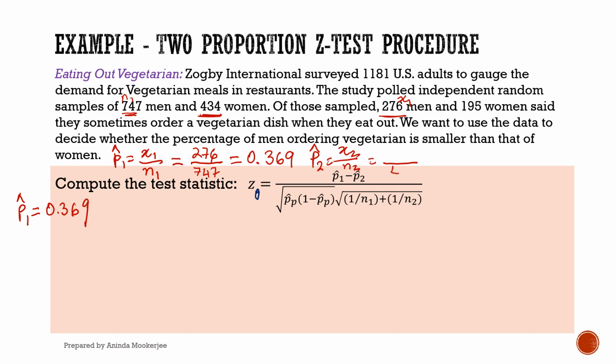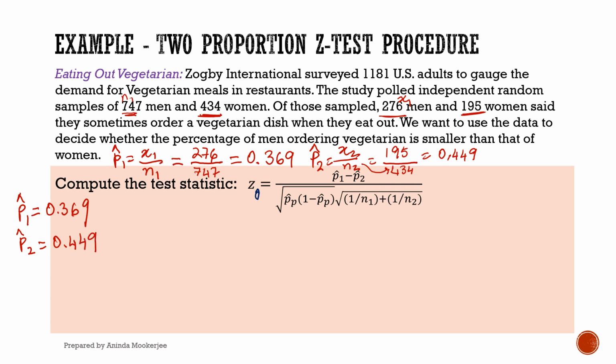So I'm going to put 434 for n sub 2, and x sub 2 is 195 women who said they order vegetarian. So 195 divided by 434 is 0.449. So p hat sub 2 equals 0.449.